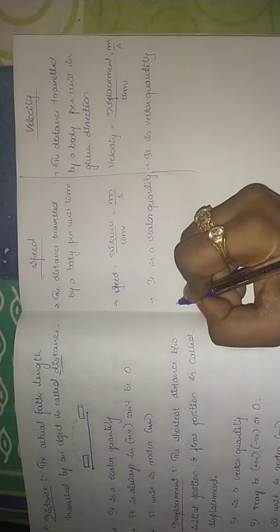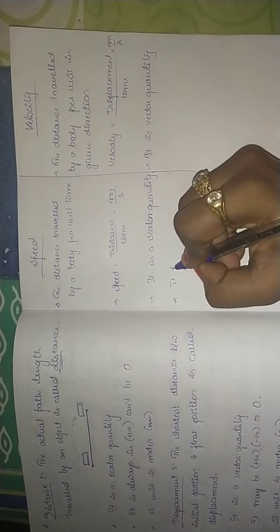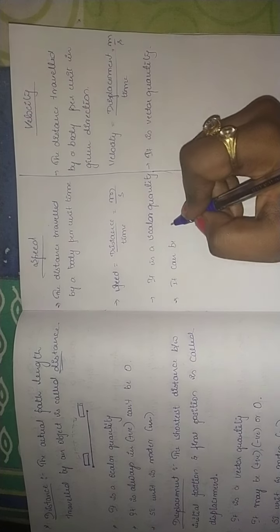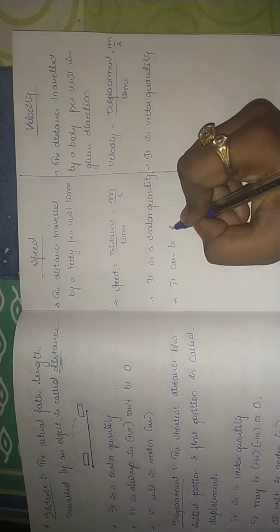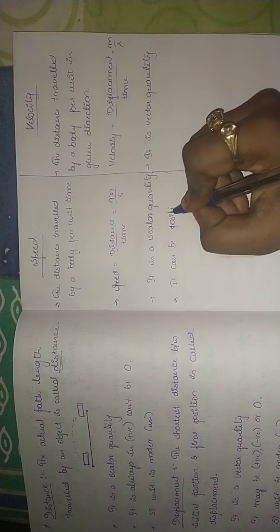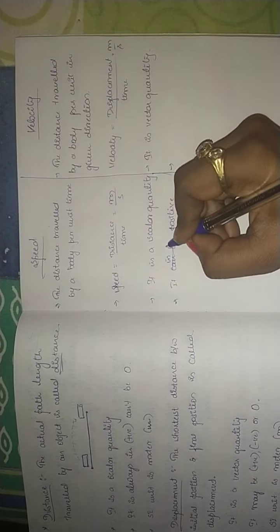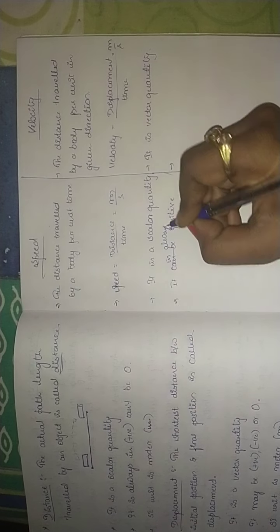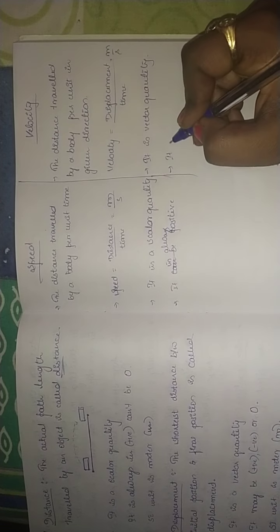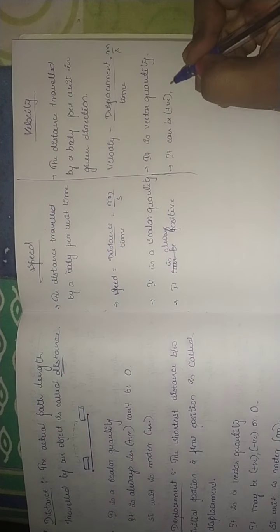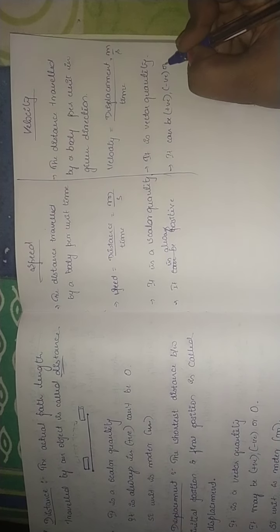Speed is always positive, whereas velocity can be positive, negative, or 0.